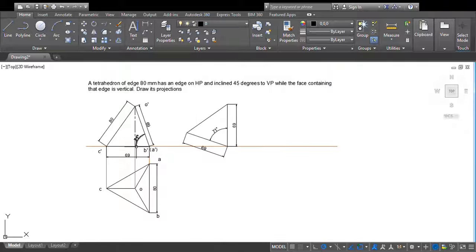Now I can measure this dimension from here to here, and that also I have to mark here, and from that point I can just draw this line. This point to this one is 23 mm, so that 23 mm also I am marking here.